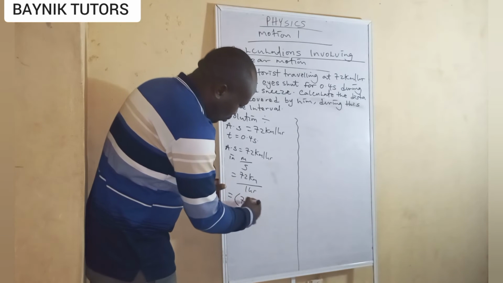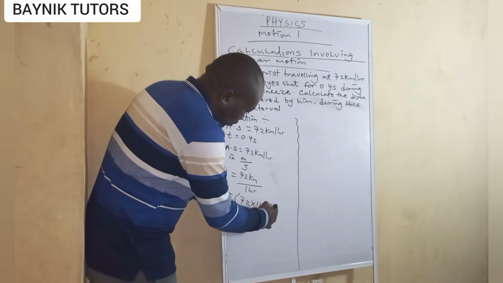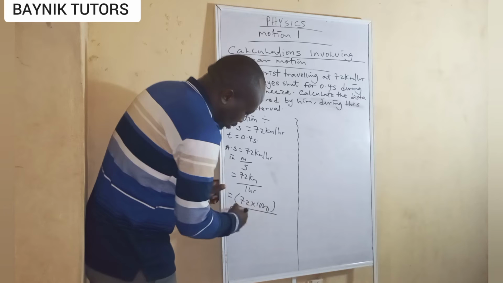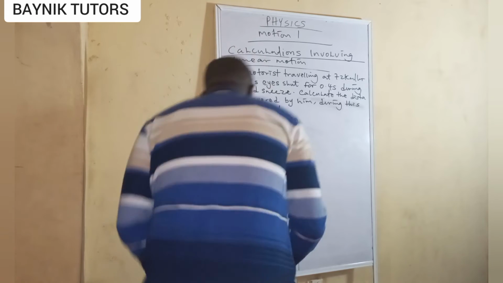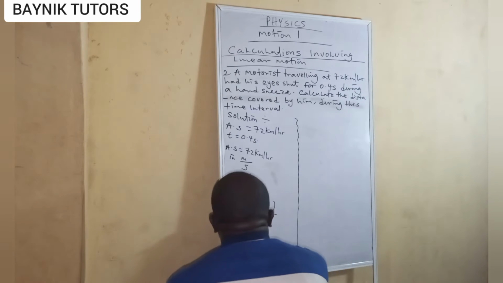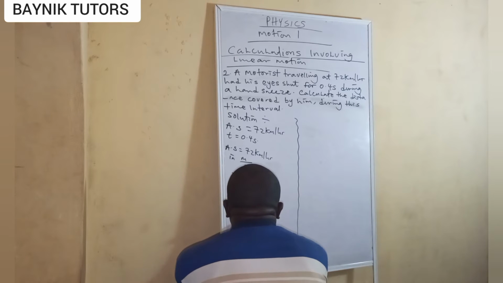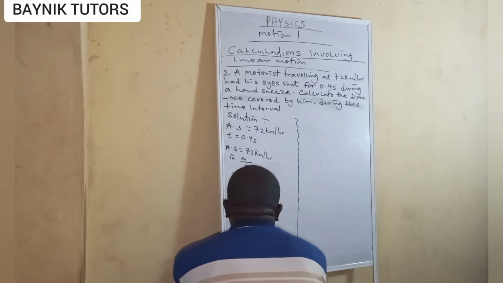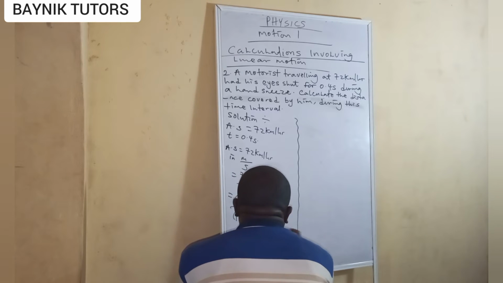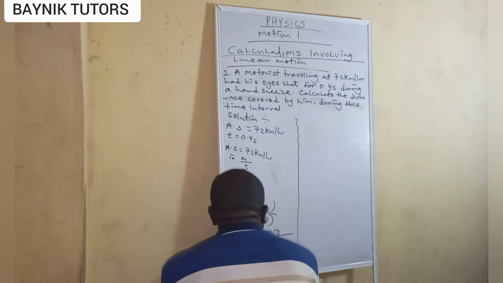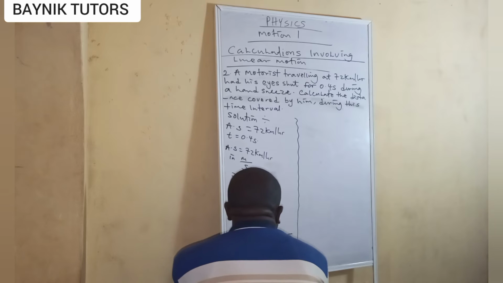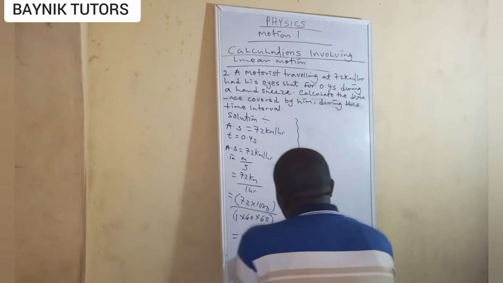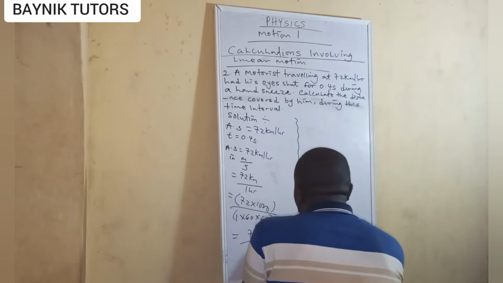That will be 72 times 1000, and here will now be 1 times 60 times 60. So from here we say 72,000 over 60 times 60. That's 3,600. So this cancels this.